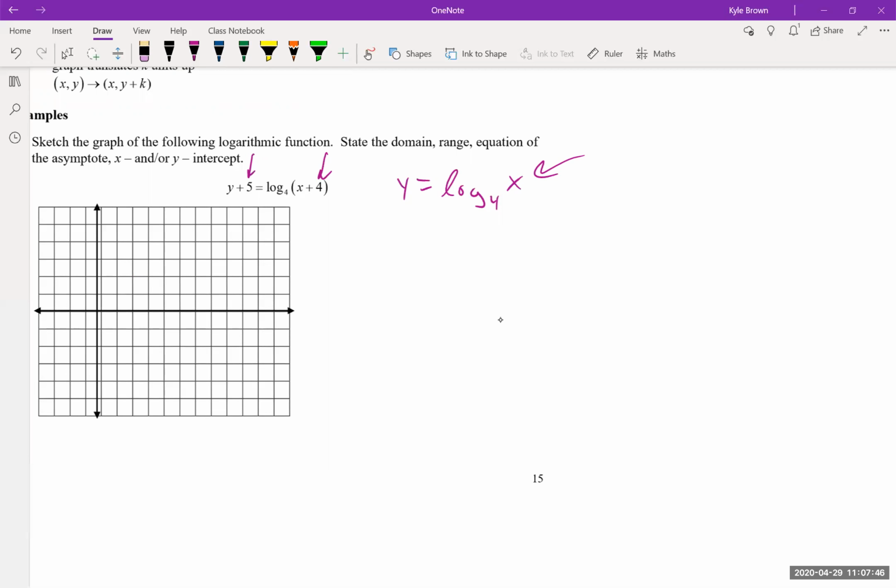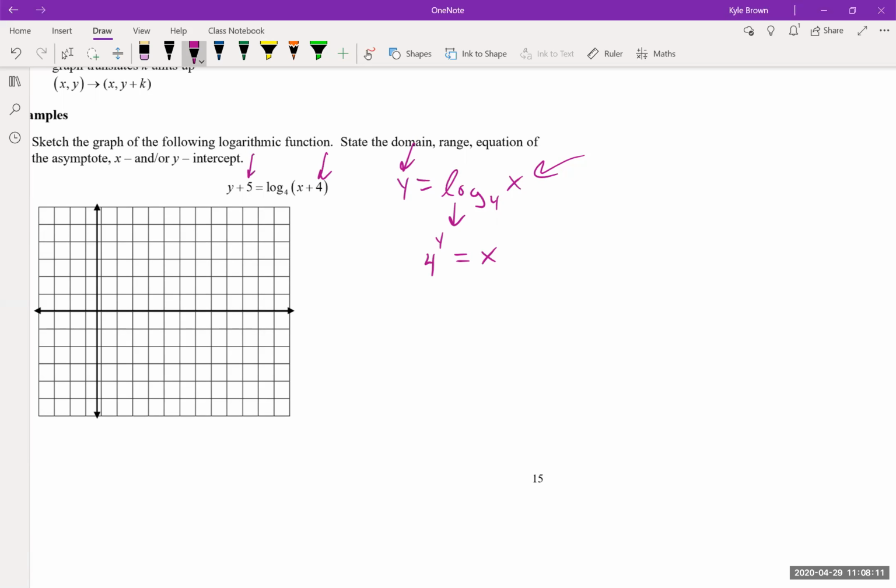If you start doing that, you're going to end up getting a lot of decimals. It'll be a bit easier to think about this instead, if you remember from last lesson, as, well, let's rewrite this as an exponent. So this would be the same thing as base 4 to the power of y is equal to x, right? That's the inverse of the exponential function.